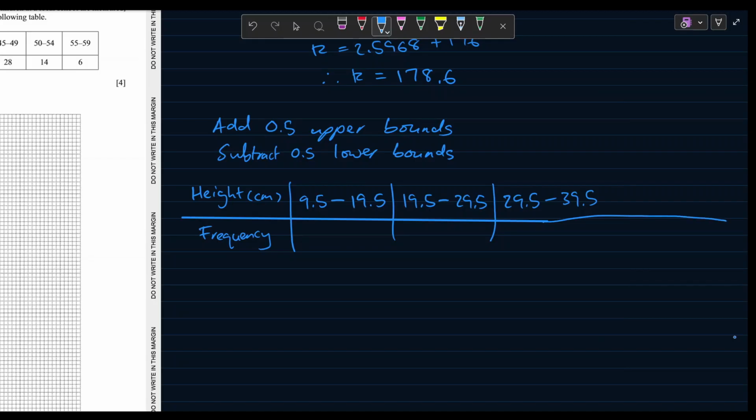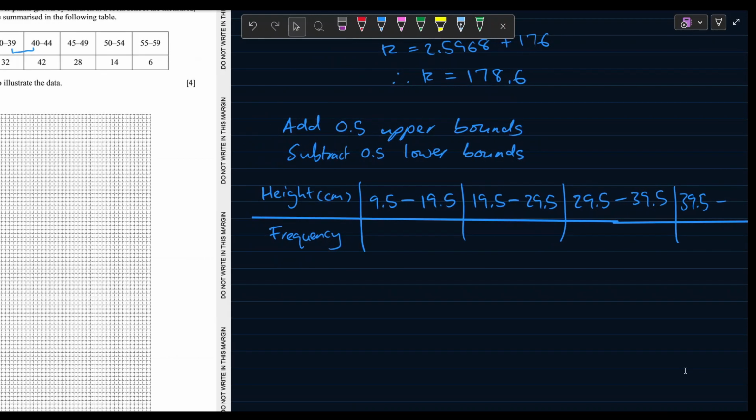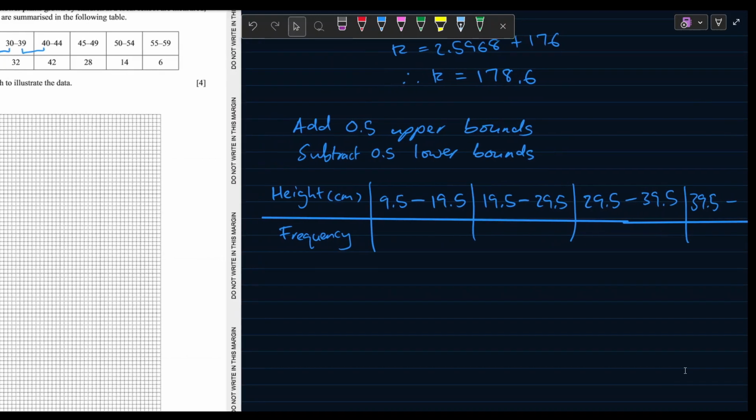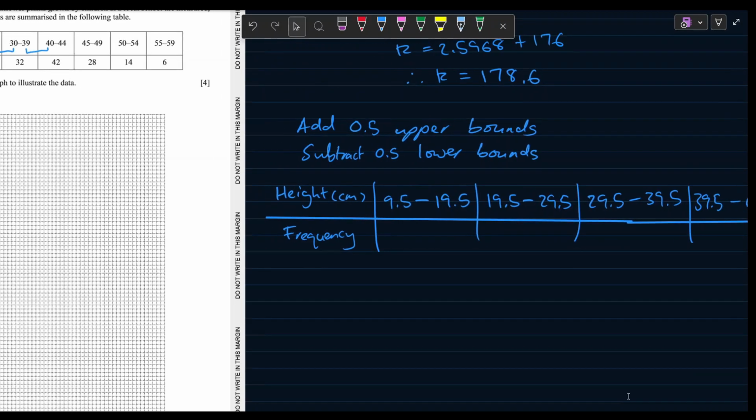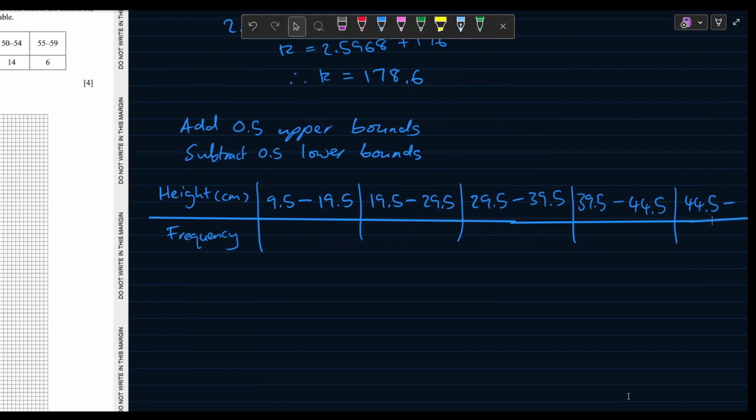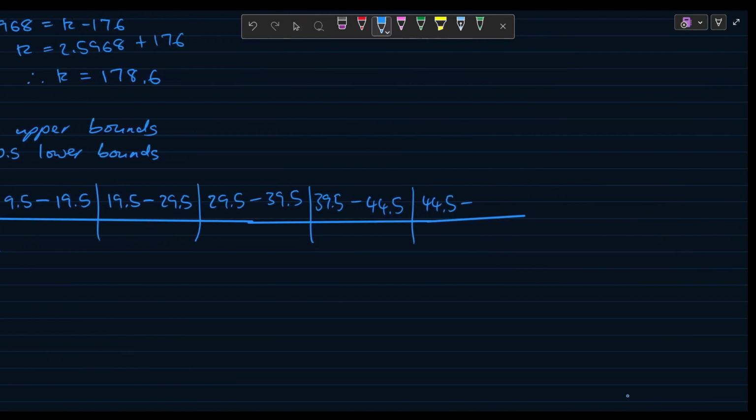This next class starts from 39.5 and it's going up to 44.5, and the next class starts at 44.5 and goes up to 49.5.